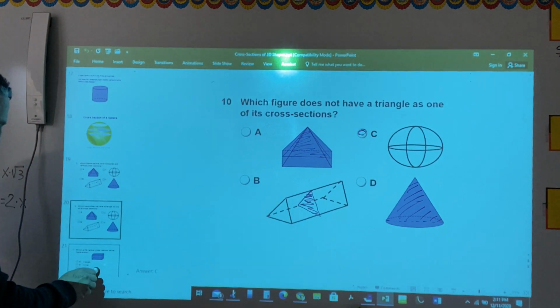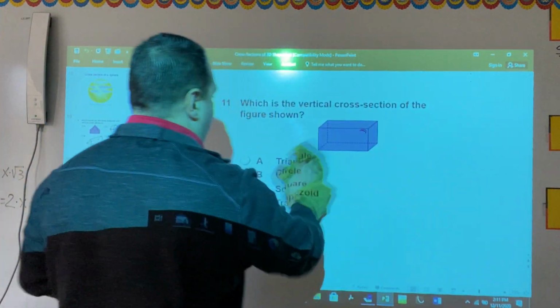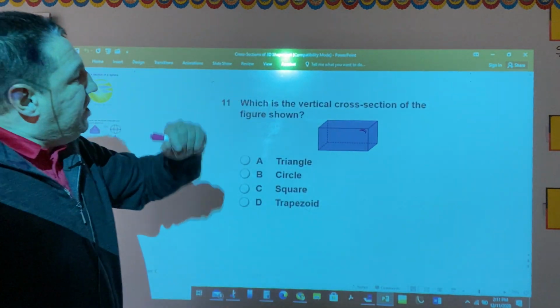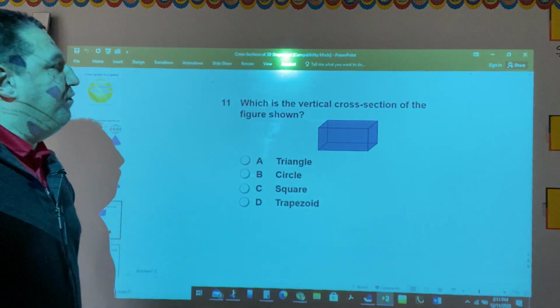Another example, a practice problem. Which is the vertical cross section of the figure?